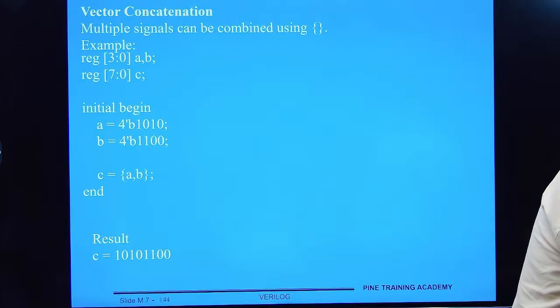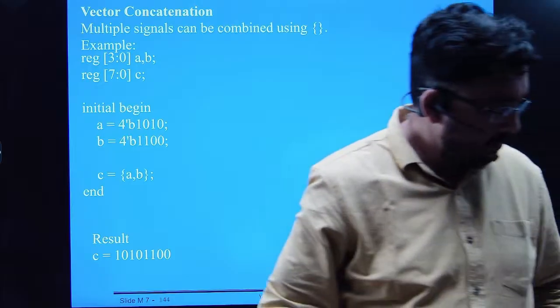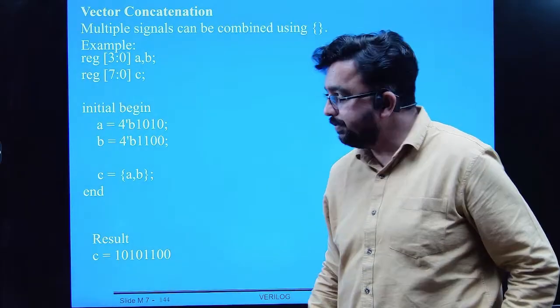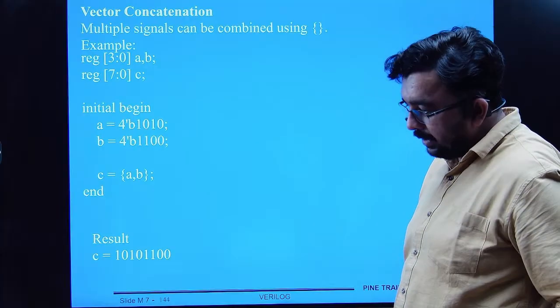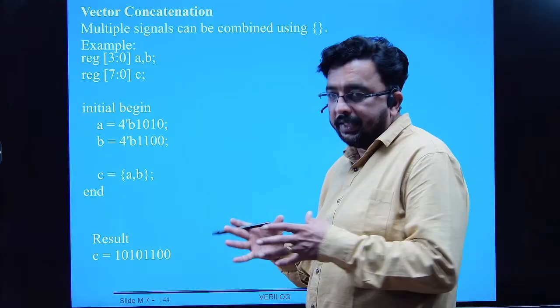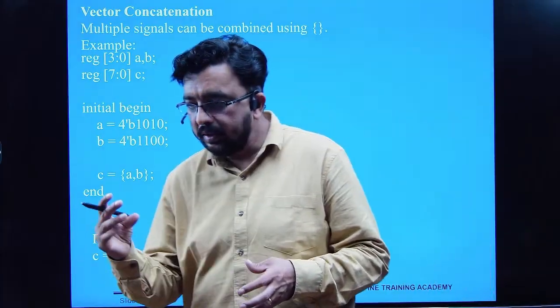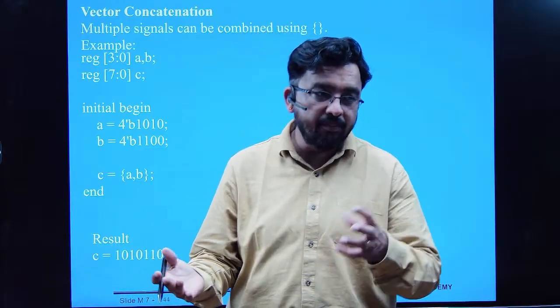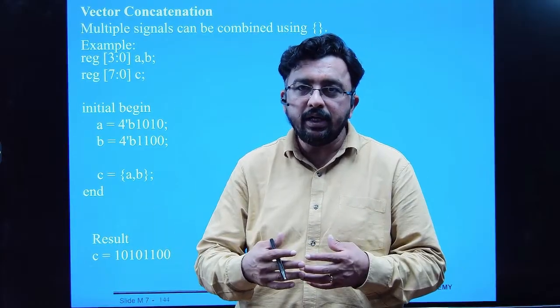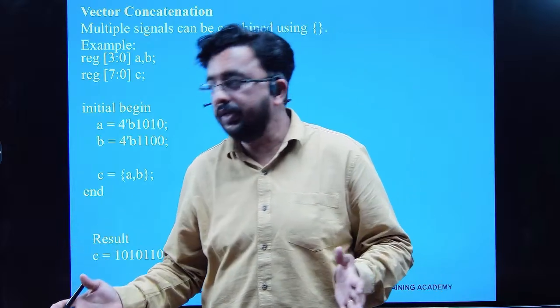So what is the concatenation operator? It is basically used when you have to merge data. You have one data A and one data B, and you want to merge them and make it one. That is called a concatenation operator.